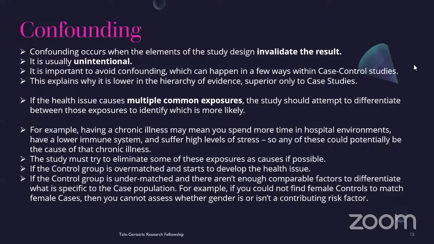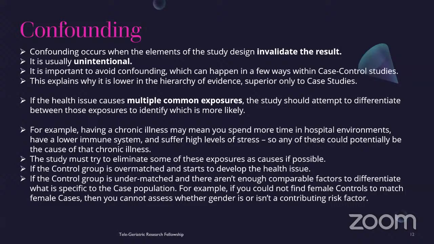Now going on to confounding, because it's in relation to the case control study, a lot of it. So confounding occurs when the elements of the study design invalidate the result. They say that it is not a valid result. Why? Because it's usually unintentional. It is important to avoid confounding, which can happen in a few ways within the case control studies.